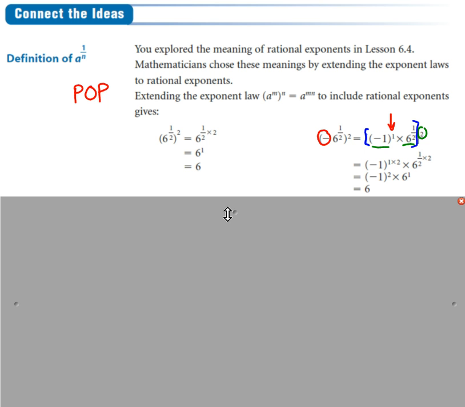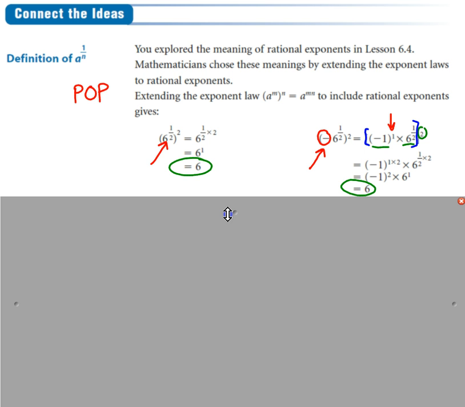Now all this just to illustrate that we have 2 identical answers coming from 2 different powers. When the power was 6 to the 1/2, we get the same result when the power was negative 6 to the 1/2.